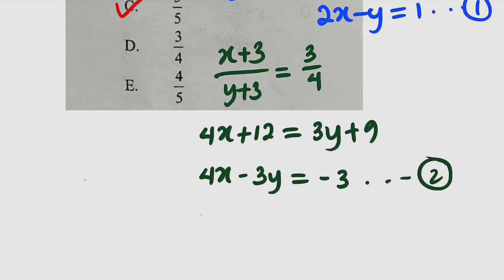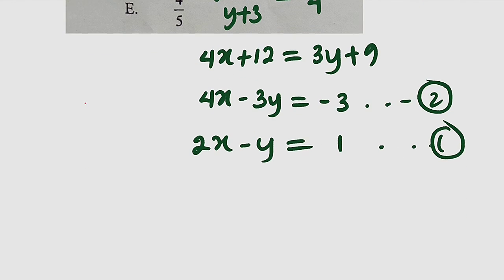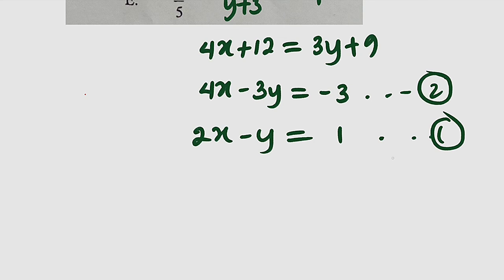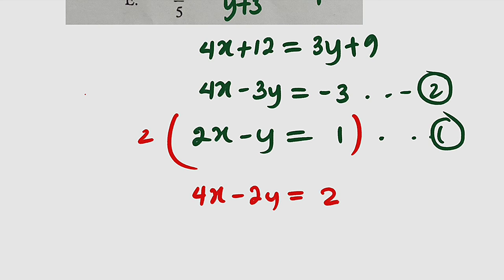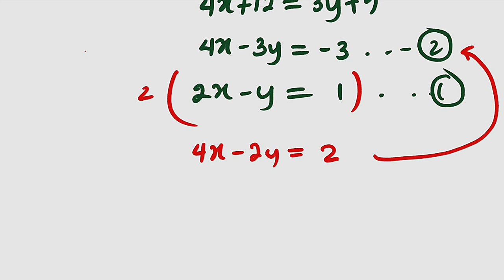Let me bring the first equation, which is 2x minus y equal to 1. This is our equation 1, remember? So what if I decide to multiply equation 1 by 2 just to have 4x? We can do that. So this becomes 4x minus 2y equal to 2. So you can see that this equation and this equation can be combined together using elimination.